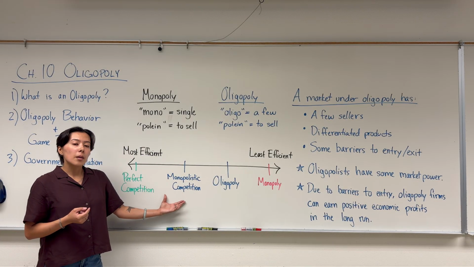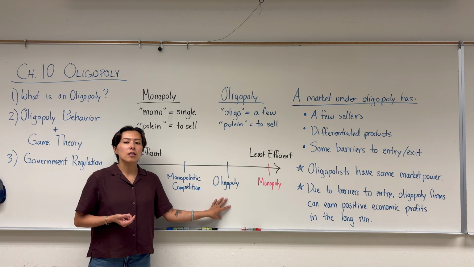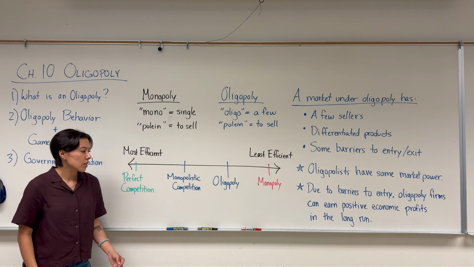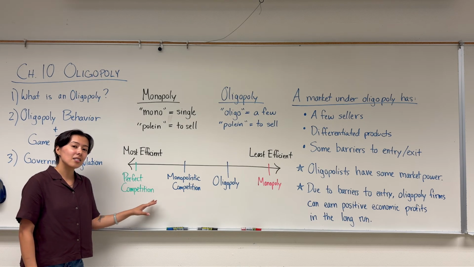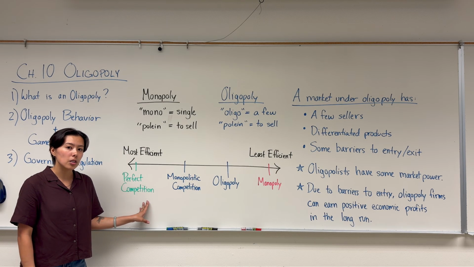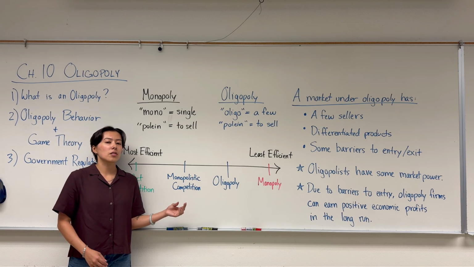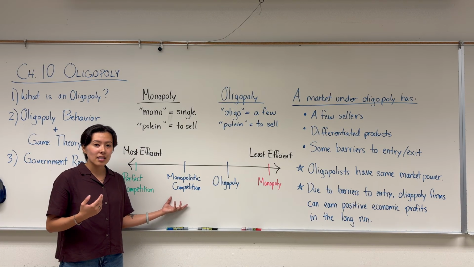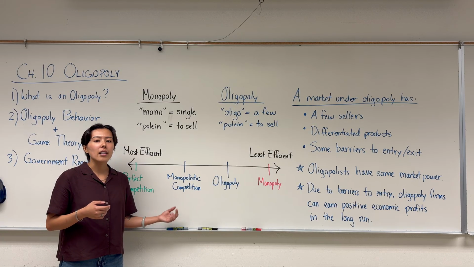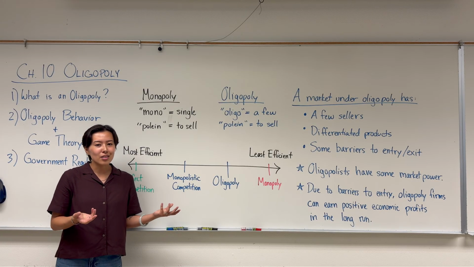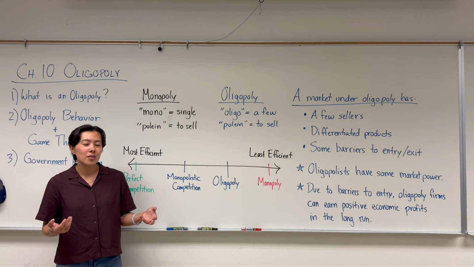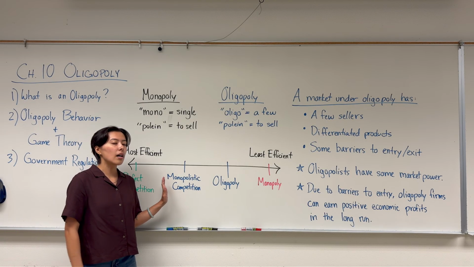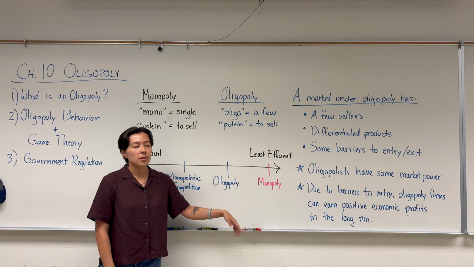Our monopolistically competitive markets and our oligopolies fall somewhere in between perfect competition and monopoly. Monopolistic competition tends to be more similar to perfect competition. We have many sellers, they're selling some differentiated product, but there's free entry and exit in this kind of market, so these firms can't earn a positive profit. They still don't produce the efficient level of output, and prices are slightly elevated compared to perfect competition, but it's not as bad as a monopoly is.